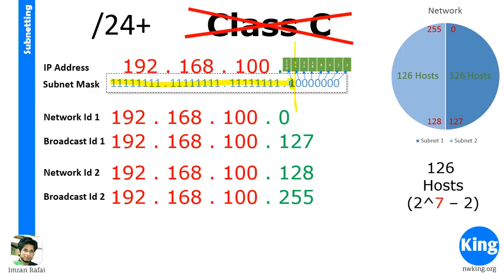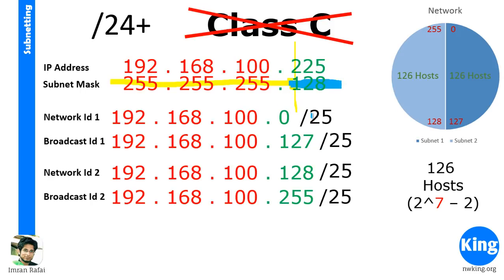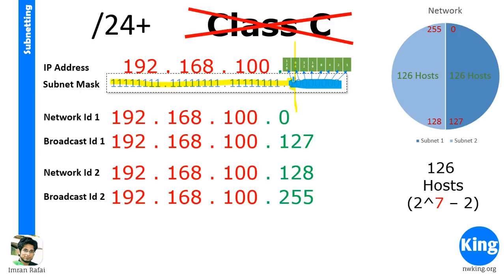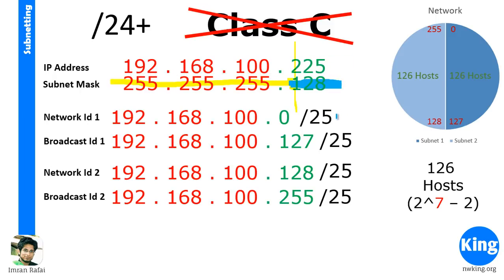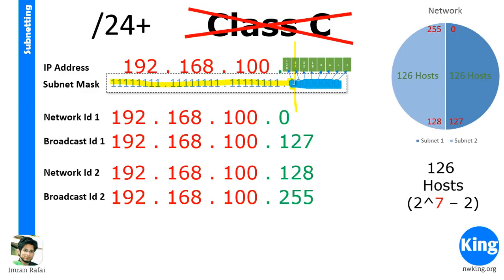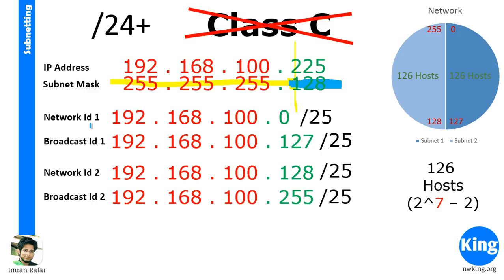This part in the fourth octet is now nothing but 128, because 1000 is nothing but 128 in decimal. And as we know, because we have 25 bits in the network, these addresses are going to be /25 addresses. Right, now that is nothing but subnetting, and it's very easy.